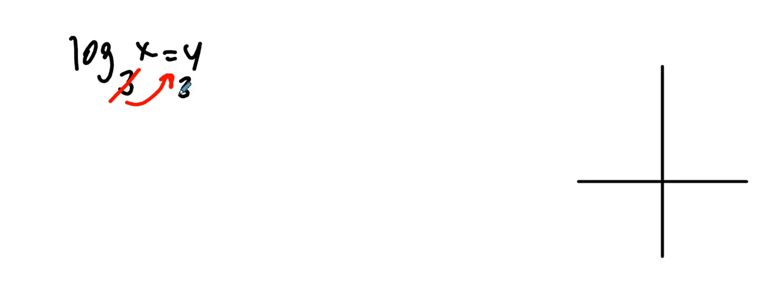So 3 raised to the 4th power. Actually, to be more specific, we're canceling out all of this. So essentially what we're saying is that x is going to equal 81, because 3 to the 4th is 81.